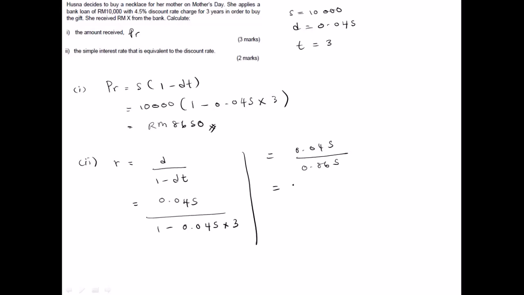We get 0.05202. Okay, multiply by 100, so that the final answer is in percentage. We take 5.2023, or 5.2, or we can just do 2 decimal places. Okay, that's enough.